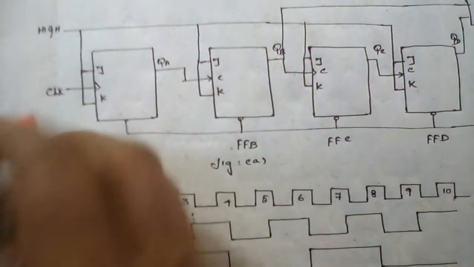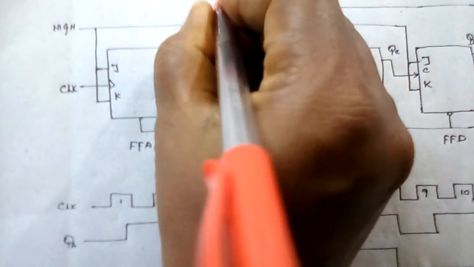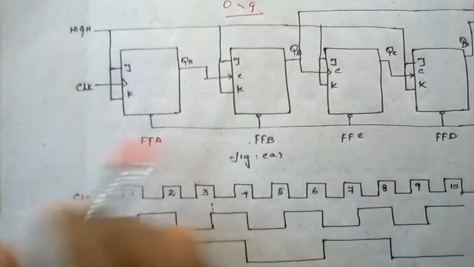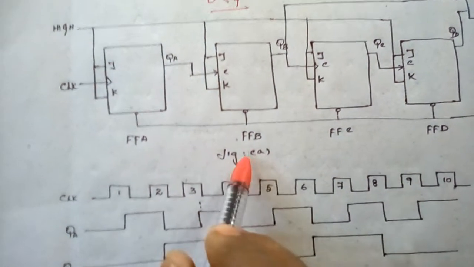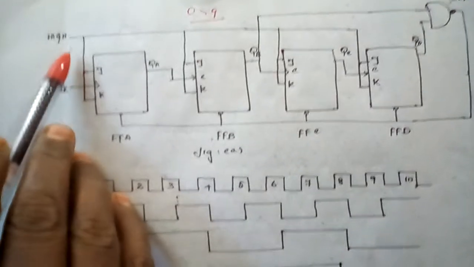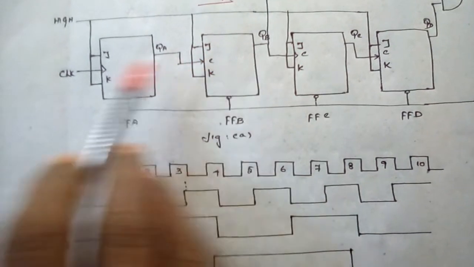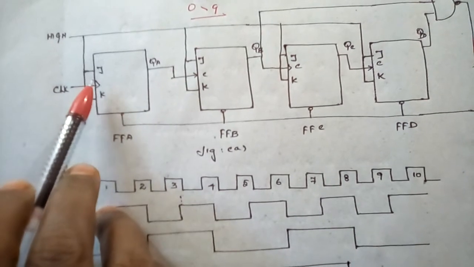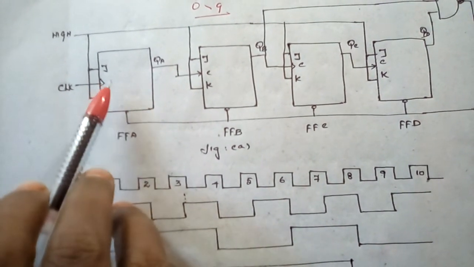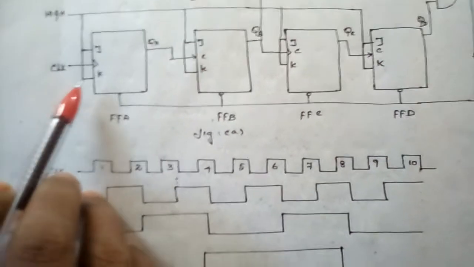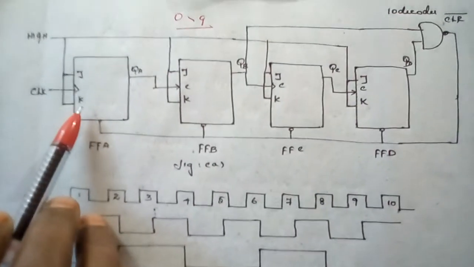As said earlier, the counter counts from the states 0 to 9 and consists of 4 flip-flops, named flip-flop A, B, C and D. J and K are connected to high, that is J equals 1, K equals 1. The JK flip-flop logic is that when both inputs are high, it toggles.